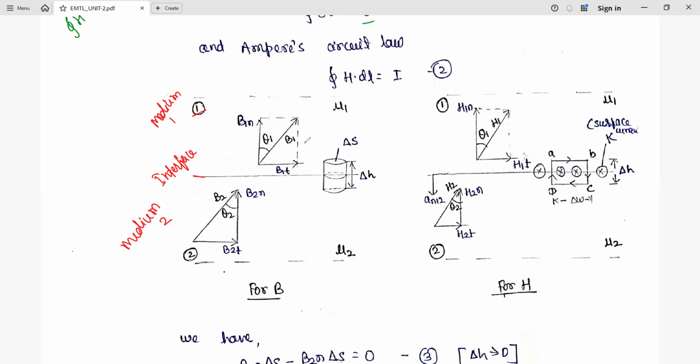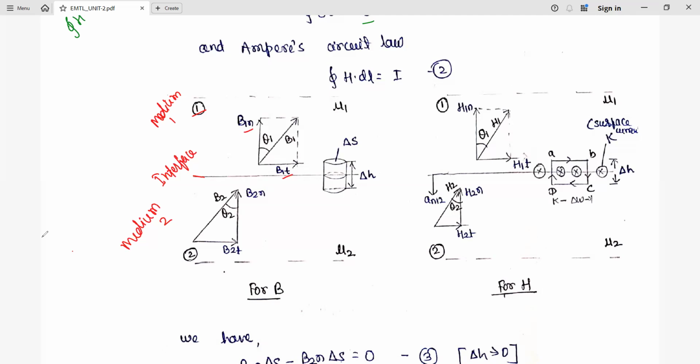Now for the flux density, if it makes some angle, that situation we are also going to see, as well as the normal and tangential resolution of that flux density. In the case of medium 1, the tangential component is written as B1T and the normal component is written as B1N.